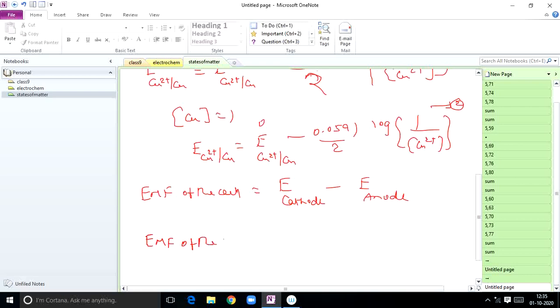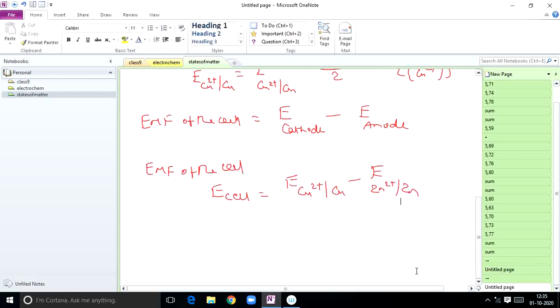Here copper acts as cathode, minus E anode, Zn2+/Zn. See the formulas list: EMF of the cell is equal to E cathode minus E anode. That formula I applied.